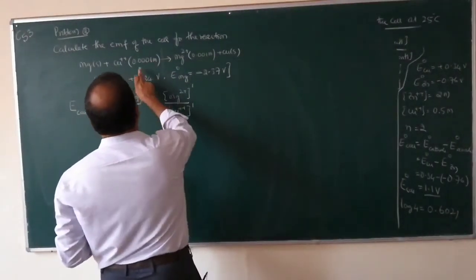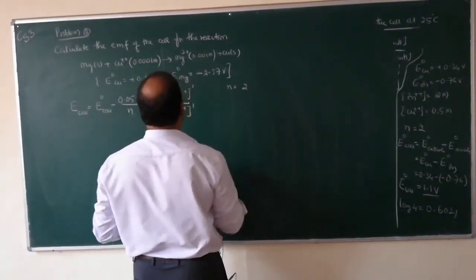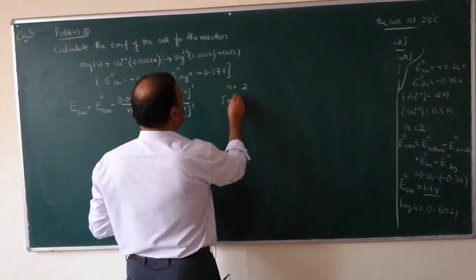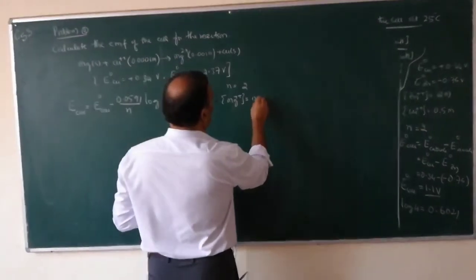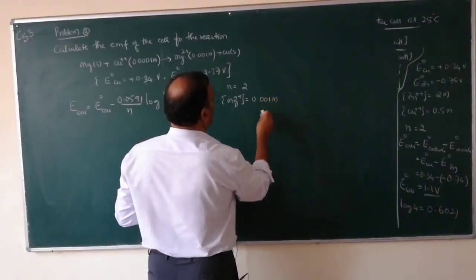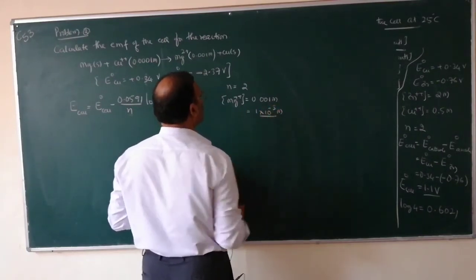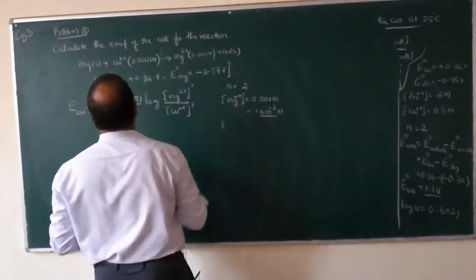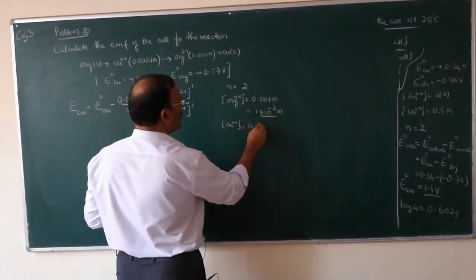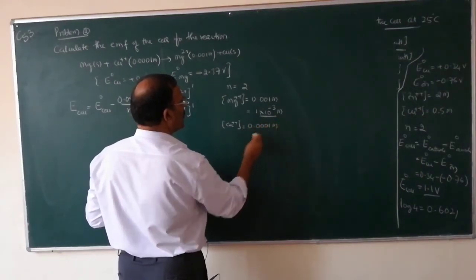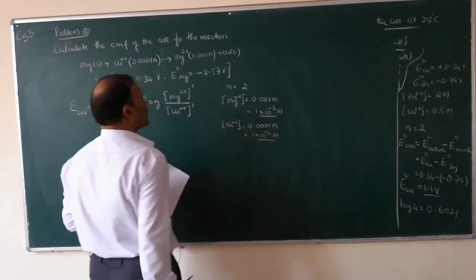Number of electrons involved in this reaction is 2. So N equals 2. Concentration of Mg2+ is equal to 0.001 mole, that is 1 into 10 to the power of minus 3 moles. Similarly, concentration of Cu2+ is 0.0001 mole, that is 1 into 10 to the power of minus 4 moles.